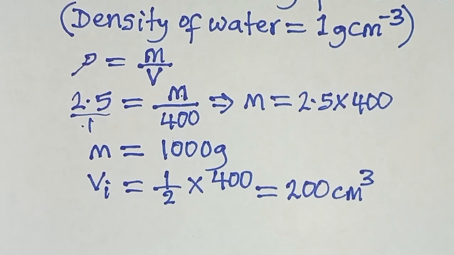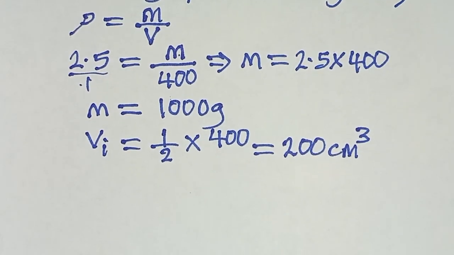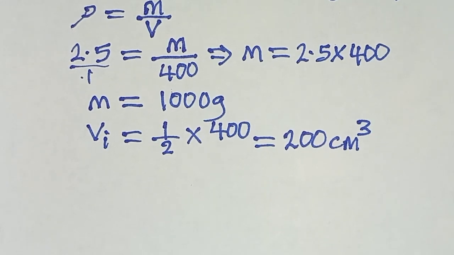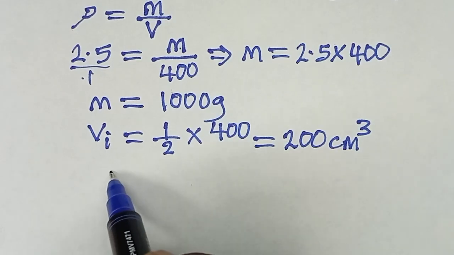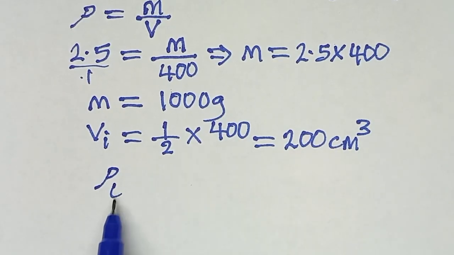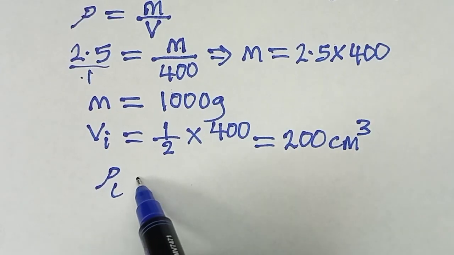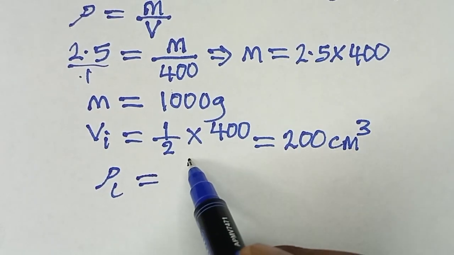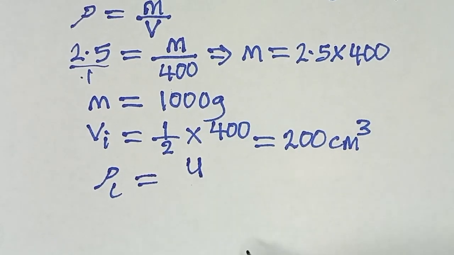Now, to the important formula. Please don't forget this formula I want to write for you now. It is very, very important under density and upthrust. The density of a liquid when an object is immersed in the liquid is equal to the upthrust experienced by the object.